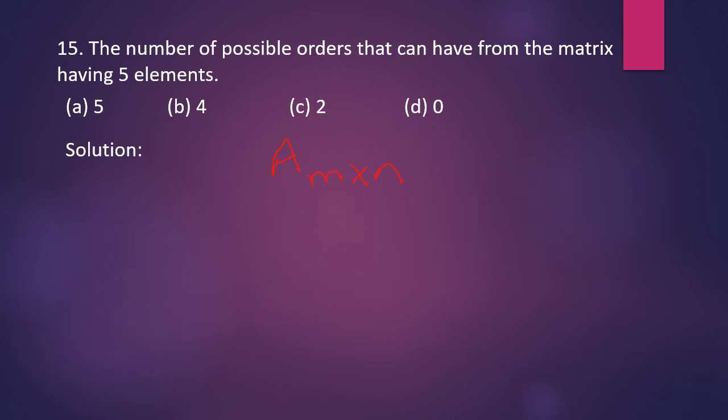Here the matrix has 5 elements. Therefore the possibilities are either 1 by 5, 1 row 5 columns, or 5 rows 1 column, 5 by 1. Only these two are the possibilities since 5 is a prime number. Therefore the number of possible orders that a matrix having 5 elements can have is 2.